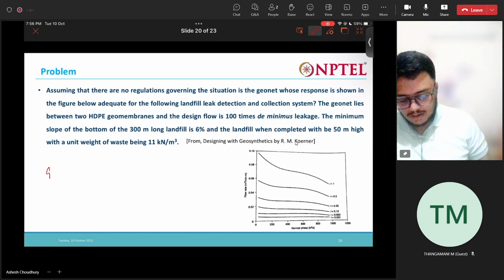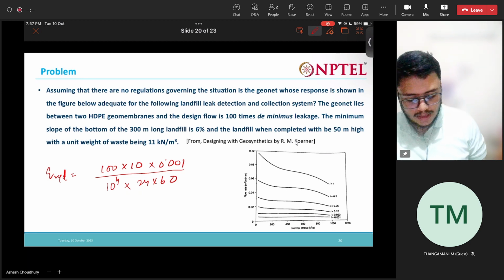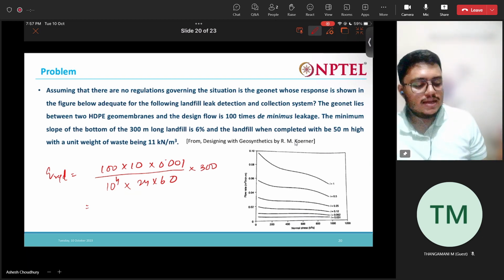So Q required you will directly get: 100 times 10 liter per hectare per day, that is 0.001 meter cube per meter square per day, then we go to minute, times the length. So this will come out as 100 meter cube per day per meter.